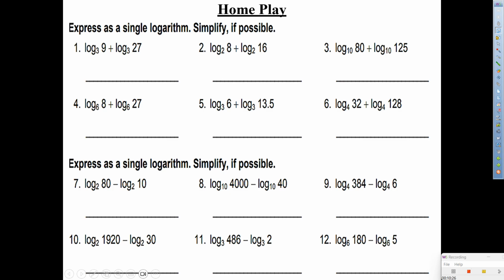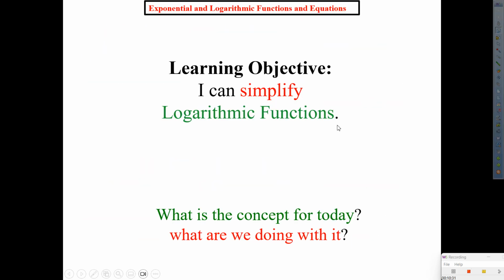Let's go, Mario. All right, get a Cornell note ready, please. I can simplify log functions. Ready? Here we go. I can simplify log functions.